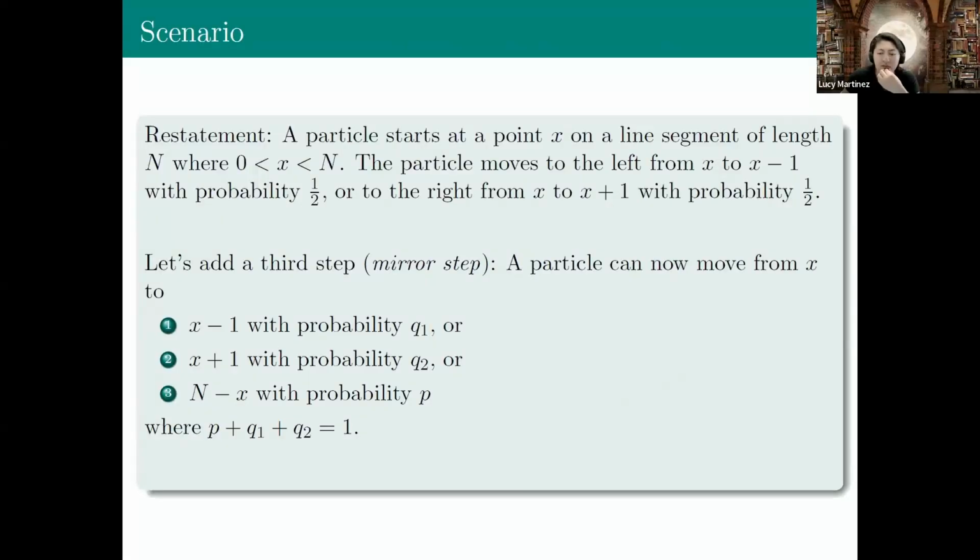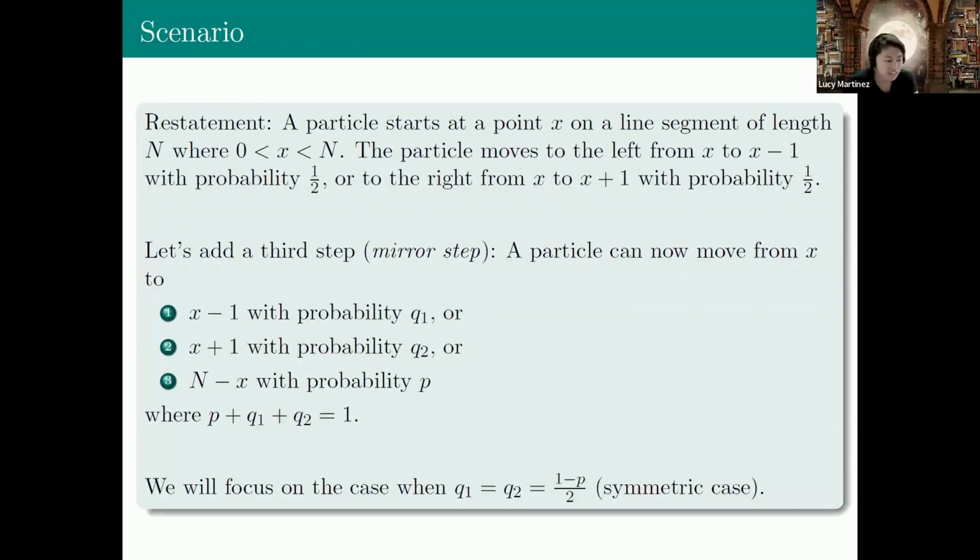But the third step, which we are going to call the mirror step, is moving from x to n minus x. Q1 is the probability of moving from x to x minus 1, Q2 is the probability of moving from x to x plus 1, and finally P is the probability of moving from x to n minus x. Of course, we have to ensure that all of those add up to 1.